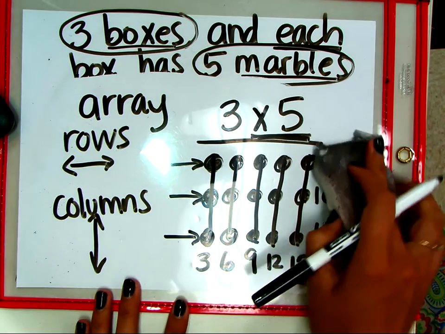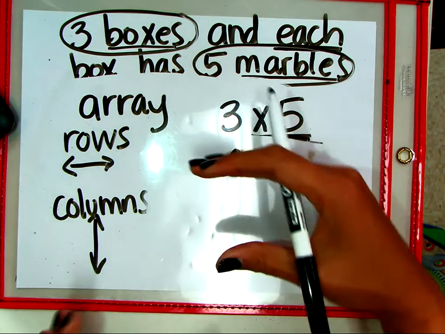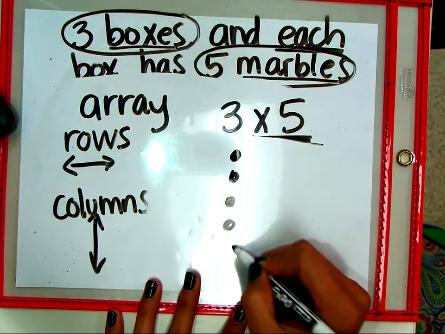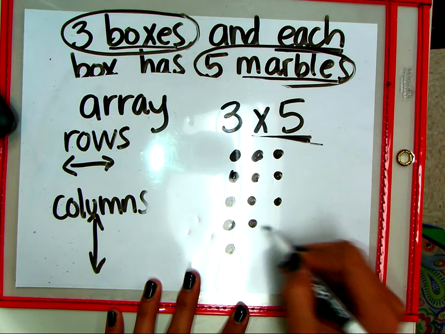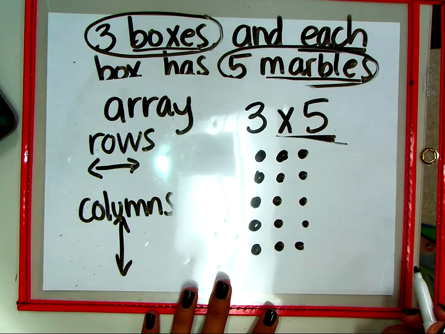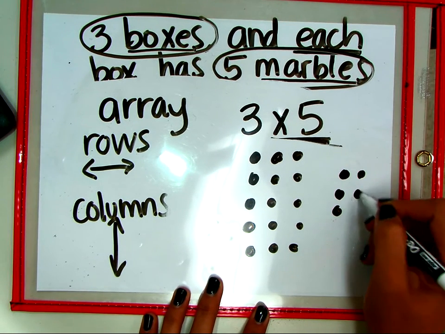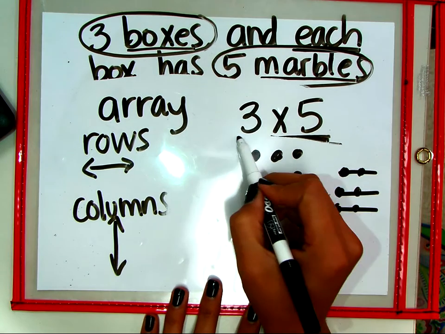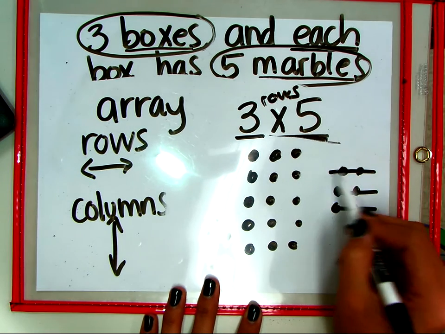The other way that students might try to set this up is basically flipping the array to go the other way. I have 1, 2, 3, 4, 5, and putting 3 in each group. This does show 3 times 5, but I like students to show it the other way, where it looks more like this with the rows going that way, because we would say 3 rows of 5, so 1 row, 2 row, 3 row.